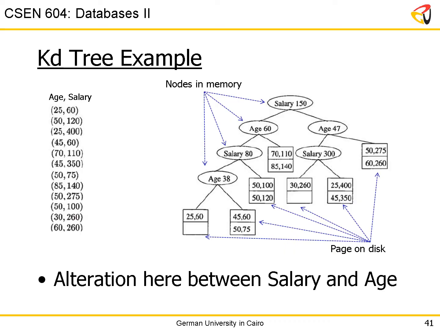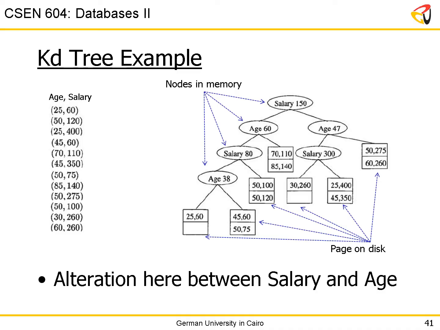We're going to alternate the dimensions on the levels. We could have as many dimensions as we like. What you're seeing here in this example is a KD tree built on two columns from some table, the salary column and the age column. If you notice, I start the root with the salary. I could start level 0, the root level, with either of the two dimensions, salary or age.